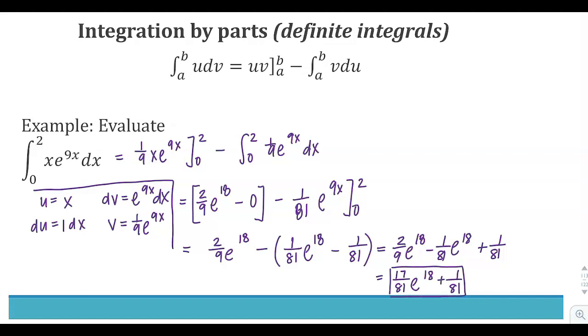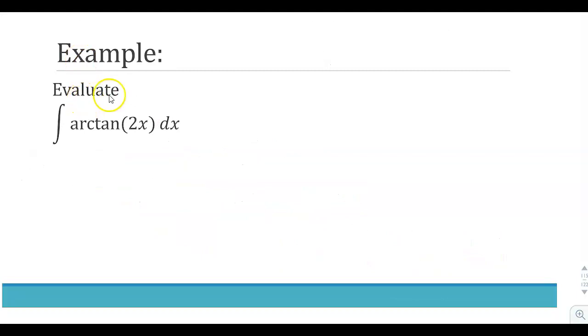as our final answer. Now we're going to evaluate the integral of arctangent 2x dx. We actually don't have a general antiderivative for this, so we're going to go ahead and use integration by parts. My u is going to be arctangent 2x, and then dv is going to be just 1 dx.